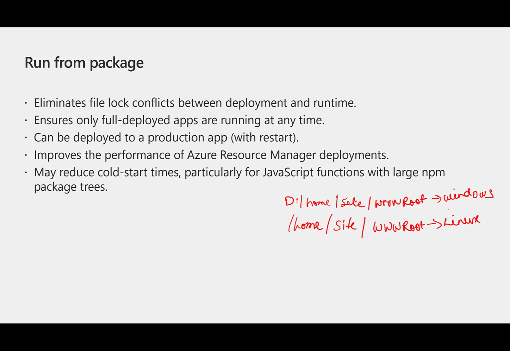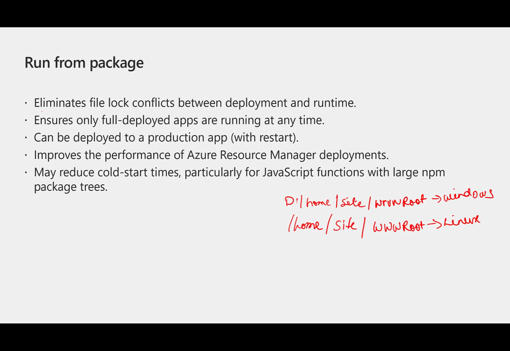So the next option to deploy your app is run from a package. Here you can run your apps directly from the deployment zip package file. When you run directly from that package file, the files in the package are not really copied to the wwwroot directory. Instead, the zip package itself gets mounted as a read-only wwwroot directory. There are several benefits of running directly from the package.